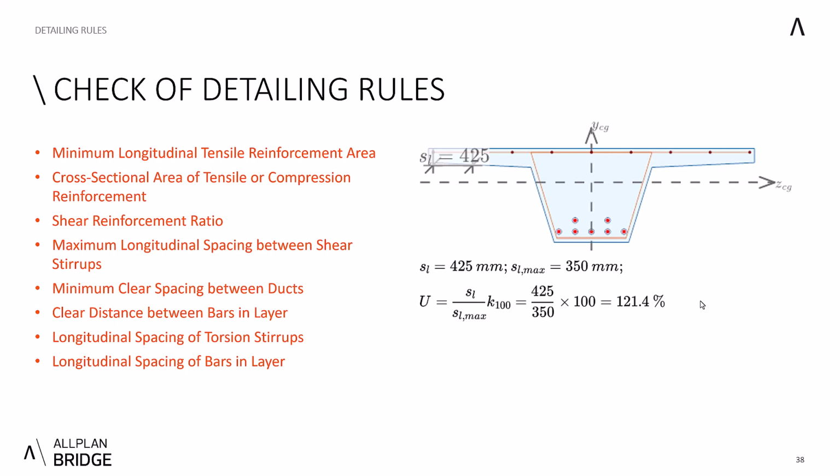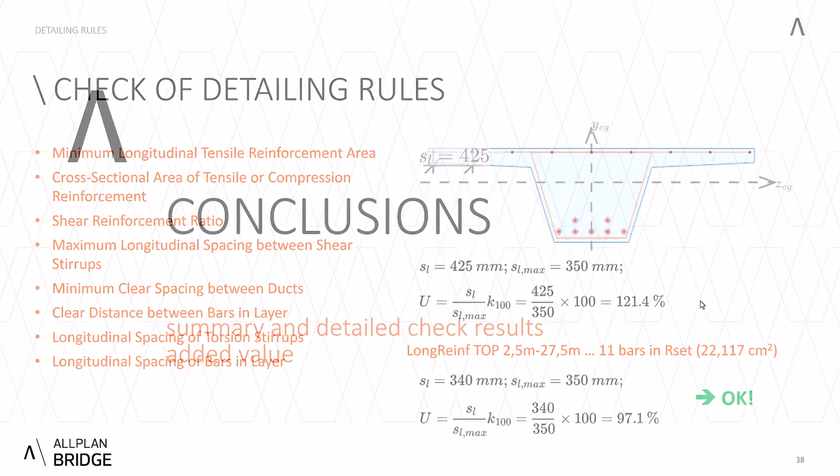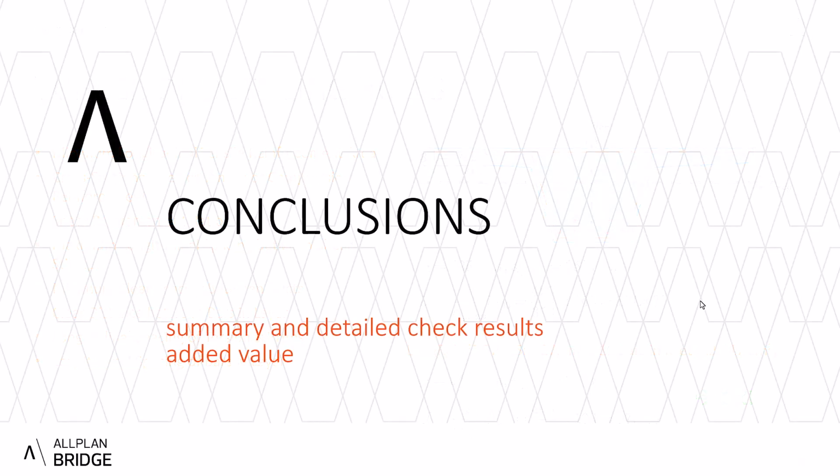The check of the maximum distance between bars according to provision 9.2.3 paragraph 4 is not satisfactory. But after we define 11 bars in top reinforcement set, all detailing rules are obeyed. At the end of our presentation, I will show the report, which is, after all, what a structural engineer sells.